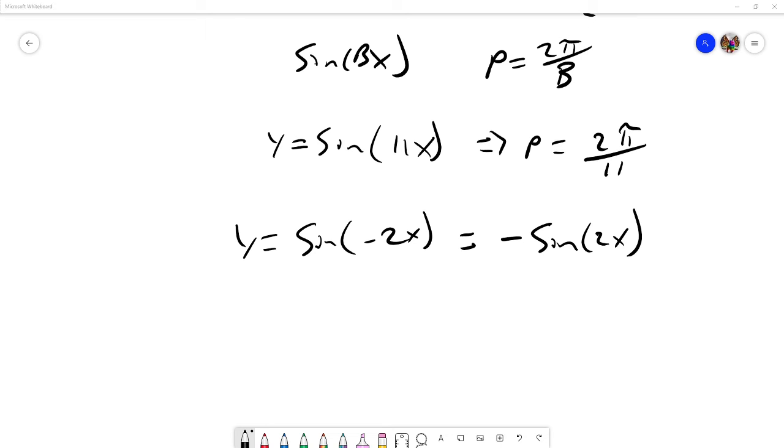Now what we'll do is look at some graphs on Desmos so we can have some nicer pictures, because what we saw when we had sine of 2x was that we had a horizontal compression. So what happens if we pick something like multiplying our independent variable by a fraction?